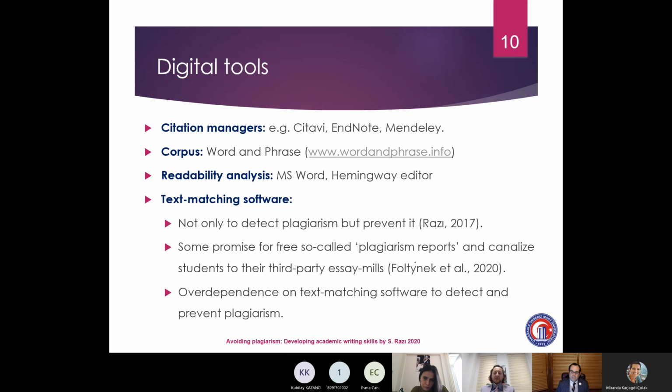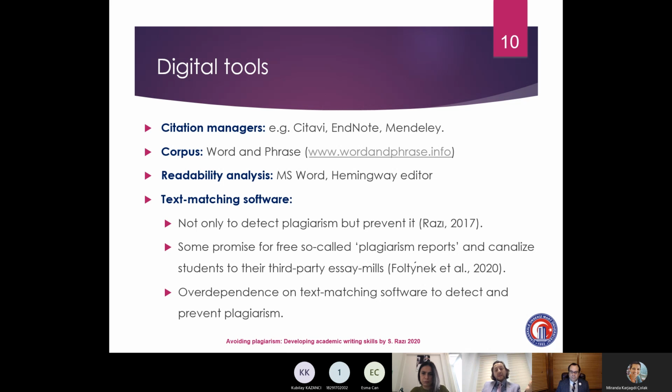They encourage students to submit their assignments through their text matching software available freely on the internet, and then they give students the guarantee that it is plagiarism free, so they can submit it to the teachers. However, some of these text matching software companies are cooperating with essay mills and directing students to essay mills. So we need to be very careful about this.